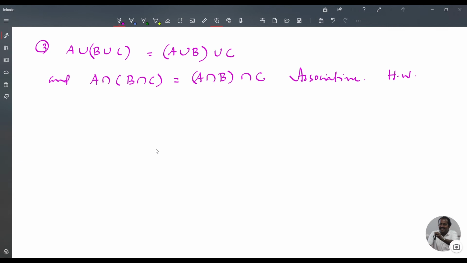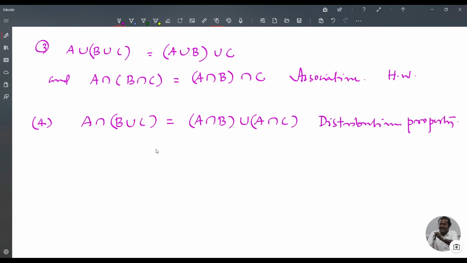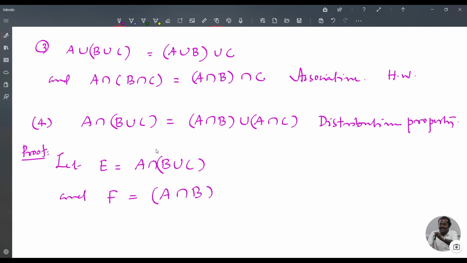Now you can do the distributive property, like how A intersection (B union C) equal to (A intersection B) union (A intersection C). So this is the distributive property. To prove this, we let E equal to A intersection (B union C) and F equal to (A intersection B) union (A intersection C).